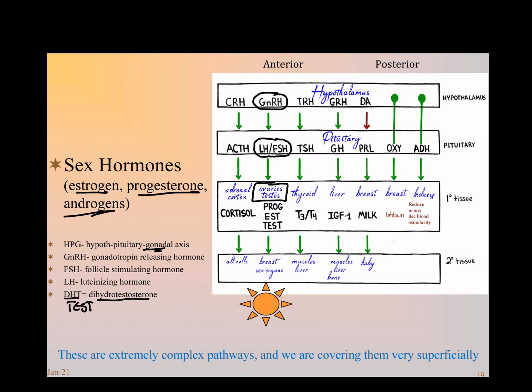And the ovaries or testes release the hormone C, which is going to be either progestin, estrogen, or testosterone. That's hormone C. That then goes into the system to the final or secondary tissues, which include the breast and the sex hormones. Of course, other tissues are also affected by sex hormones.